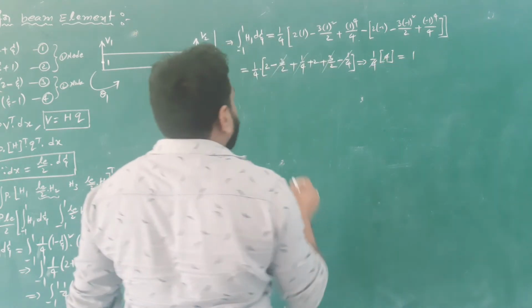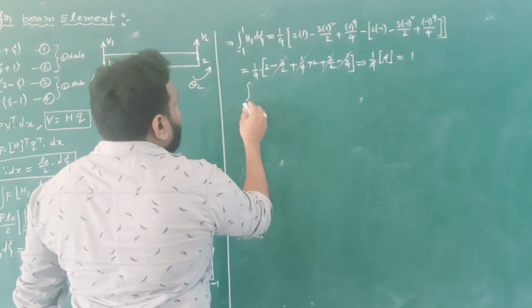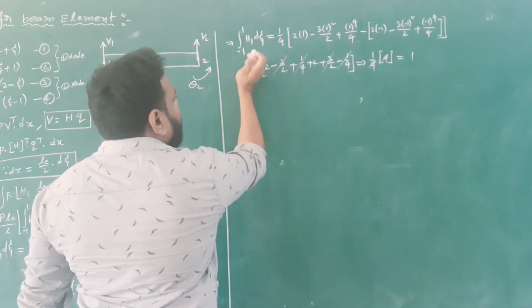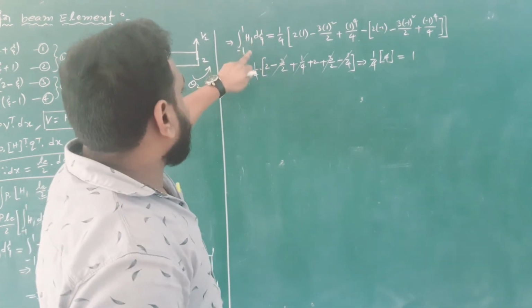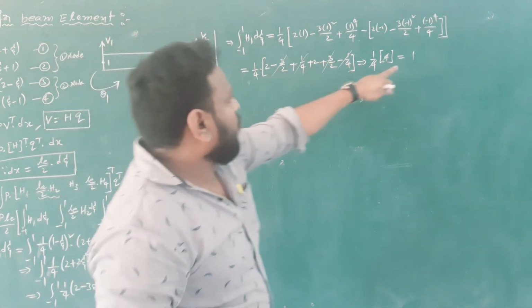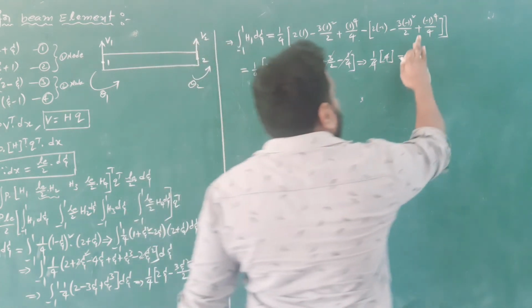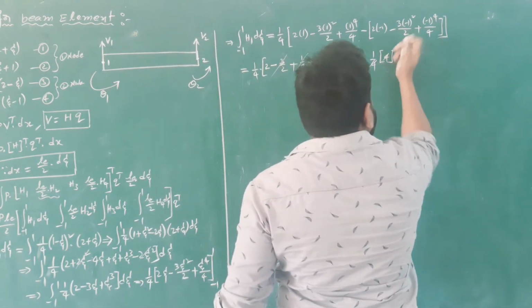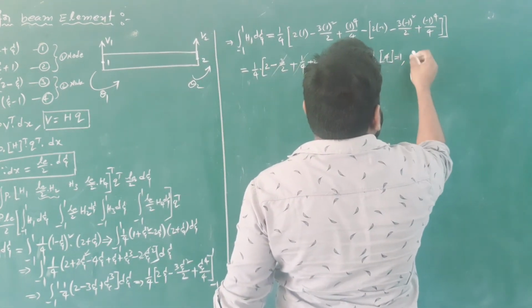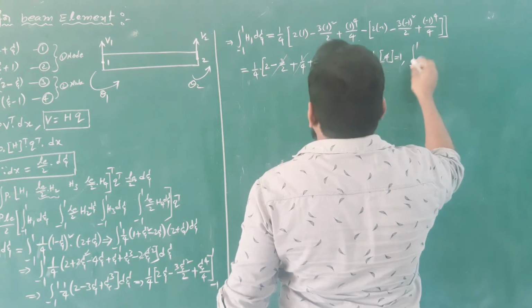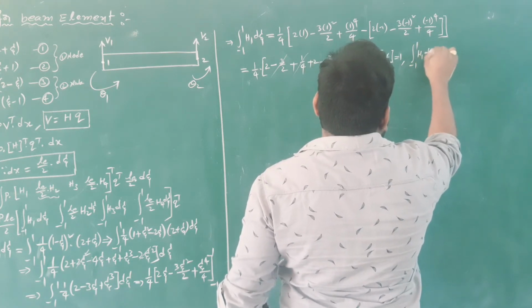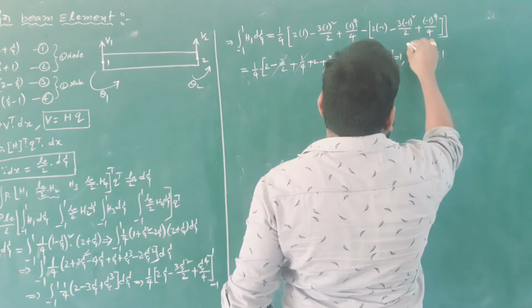That means integral of minus 1 to 1 h1 dz is equal to 1. You got it.